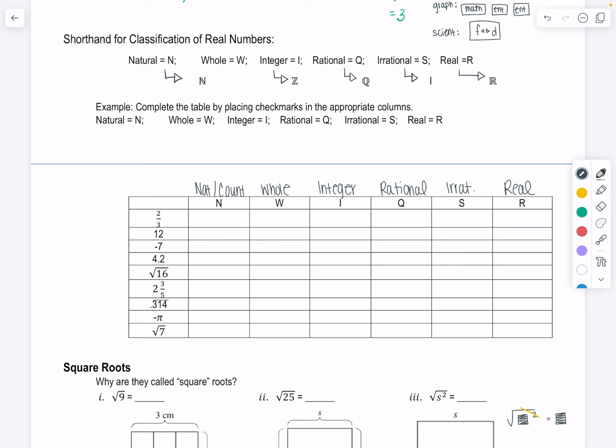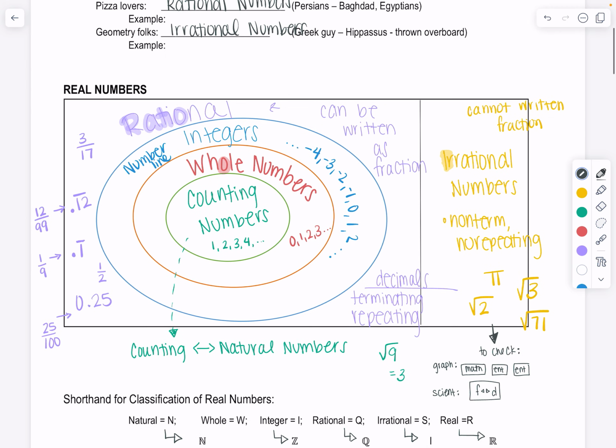I will also use the shorthand, but I'm also going to use the actual words above it, like in the chart on the screen. So the example says, complete the table by placing check marks in the appropriate columns. So what we're going to do is, let me go back to our chart from the last video. If something is a counting number, it's also a whole number, it's also an integer, and it's also a rational number.